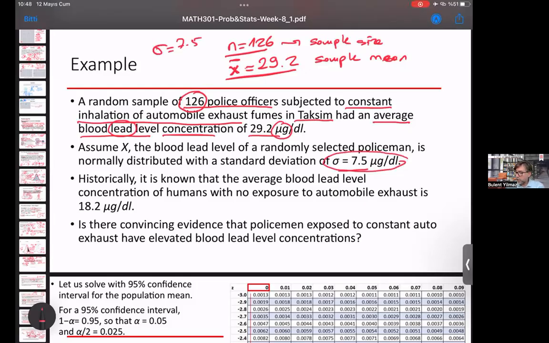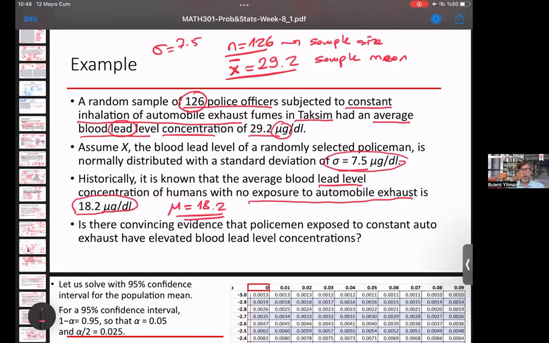It is known that the average blood lead level concentration of humans with no exposure to automobile exhaust is 18.2. So mu is 18.2.